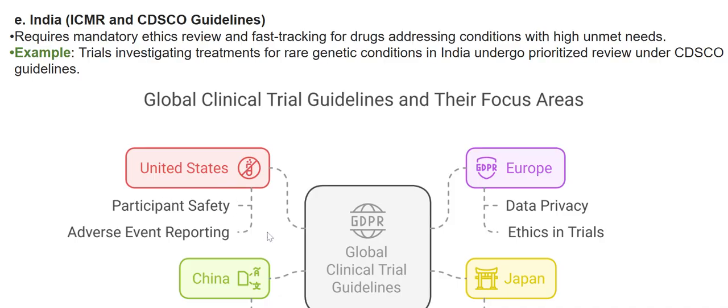United States, participant safety, adverse event reporting, while in China, early phase studies and local trial data. In Europe, GDPR, data privacy, ethics and trials. In Japan, we have the site audits, investigator readiness.